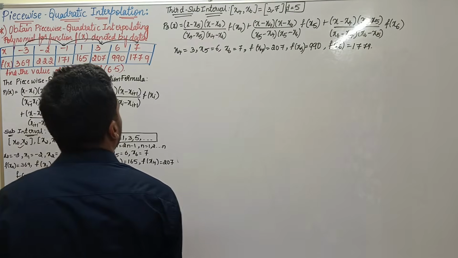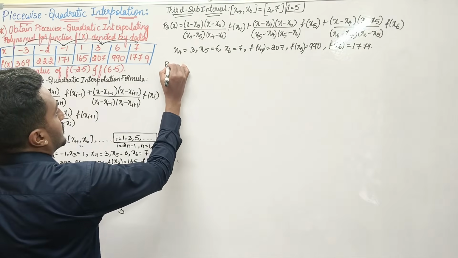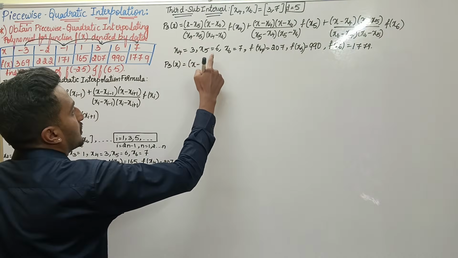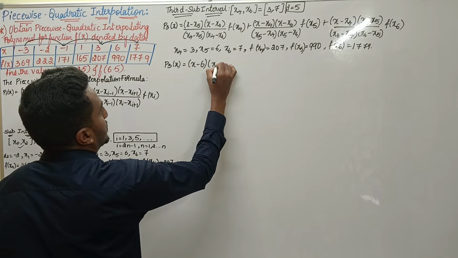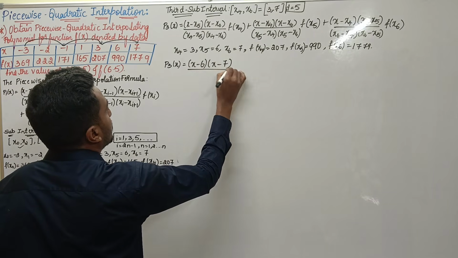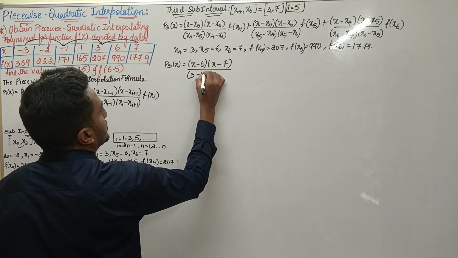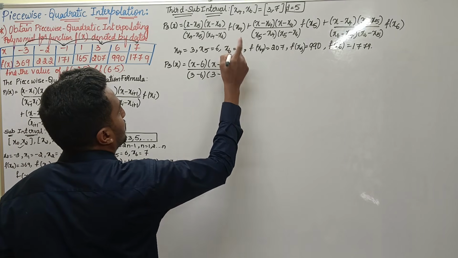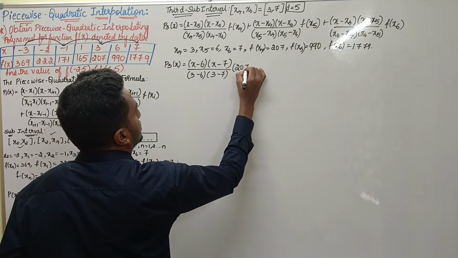Now let us simplify the third piecewise quadratic equation, p3 of x: x minus x5, what is x5? 6. x minus x6, that is 7, divided by 3 minus 6, 3 minus 7, into f of x4, that is 207.